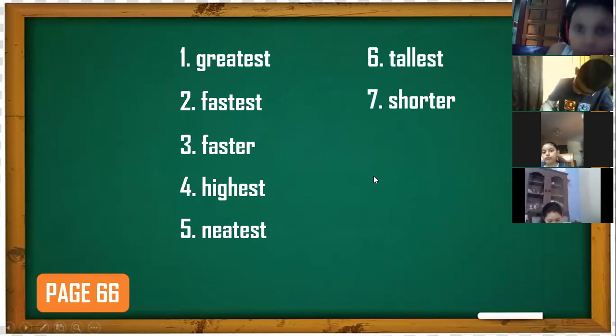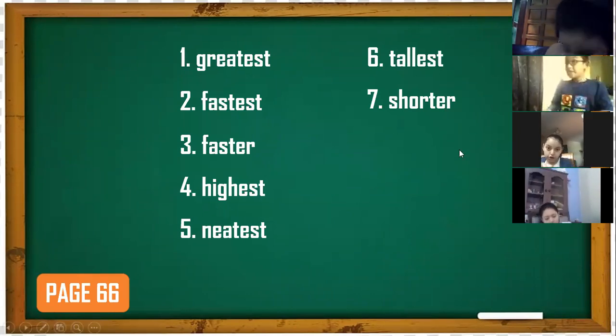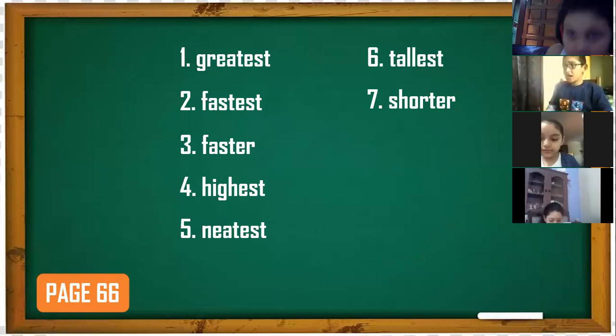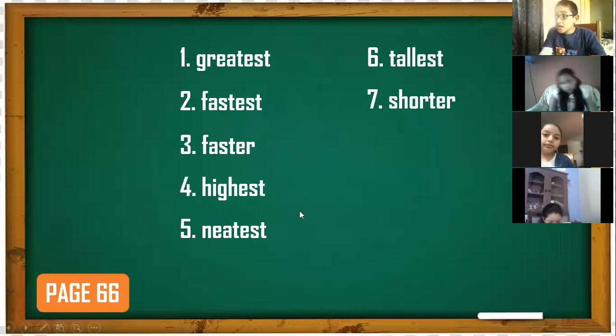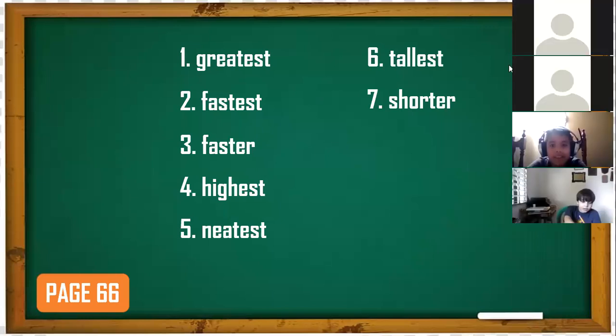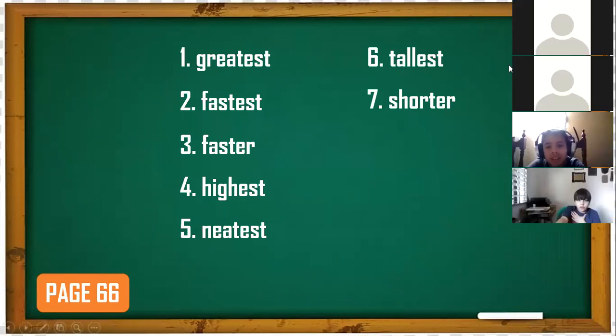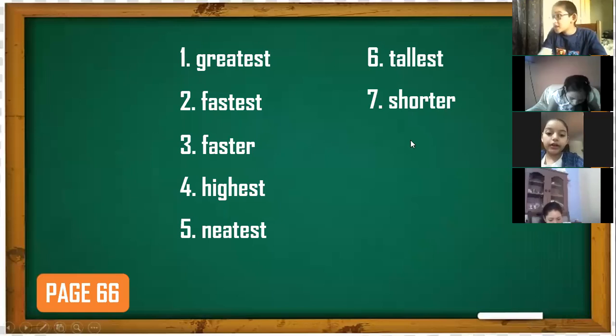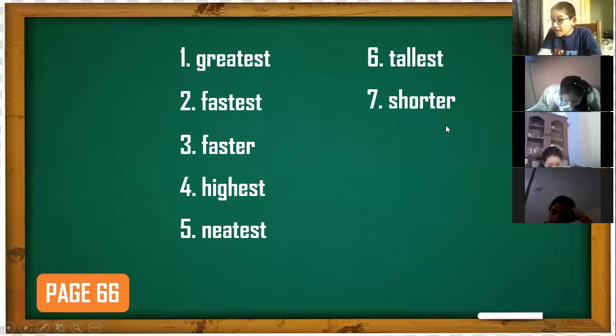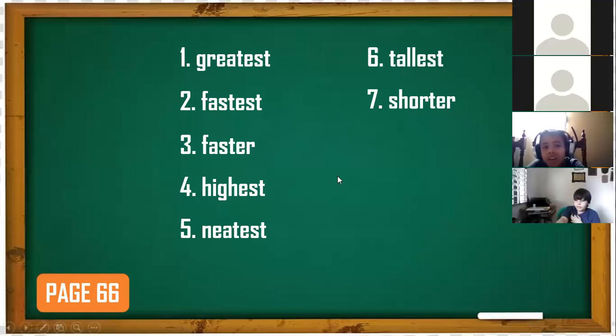Now, let's continue with Abby. The number 8, Abby. In the number 8, the word is funny, and we have to add ER. Funnier. Funnier. Okay, read the complete sentence, please.